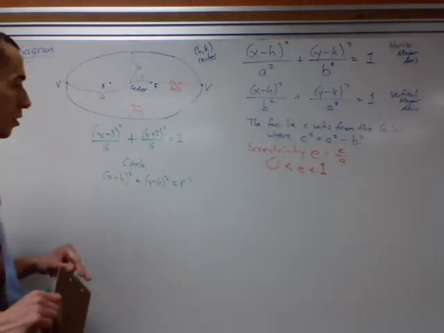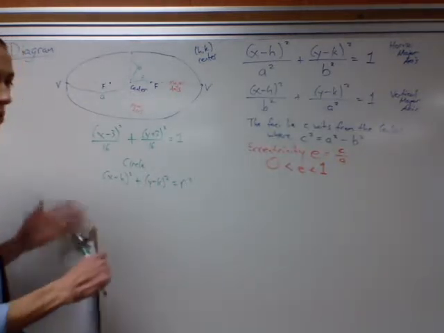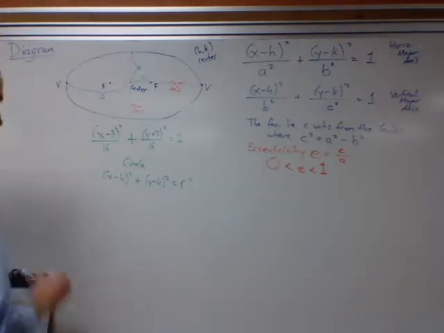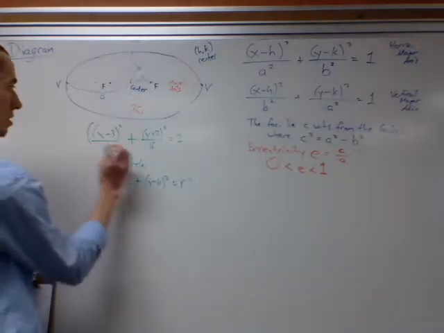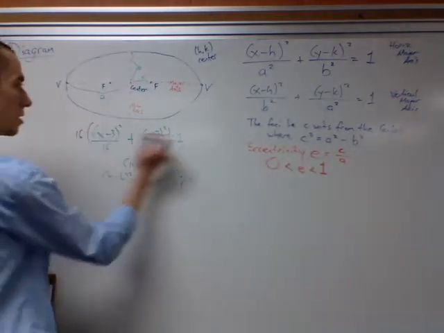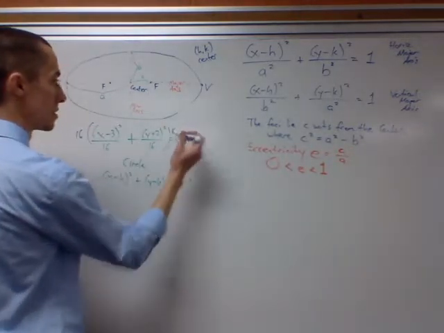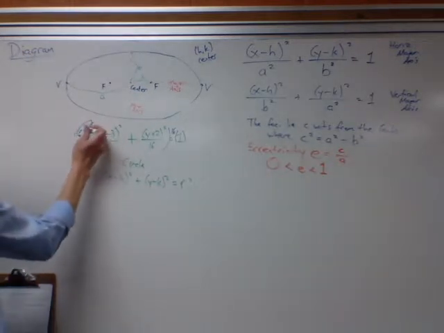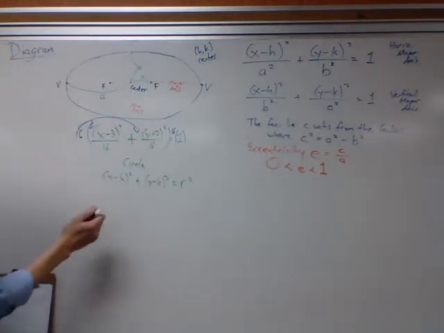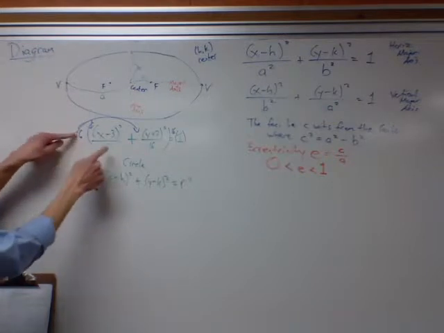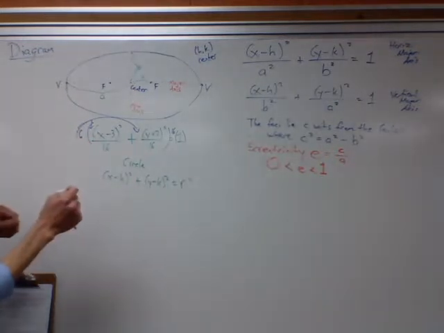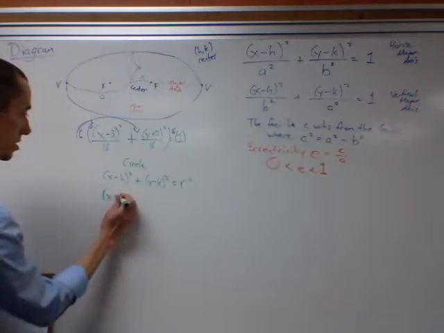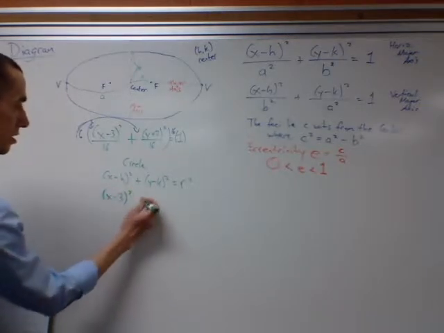To get this in the form of a circle, which we did back in the first semester, multiply both sides of this equation by 16. When I do that, I distribute 16 to both terms, and then the 16 will cancel with the 16 in the denominator, giving me x minus 3 squared.